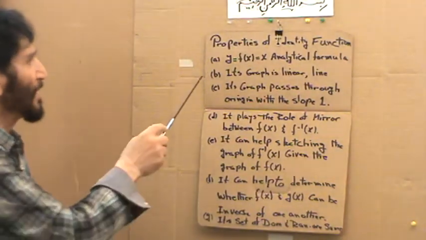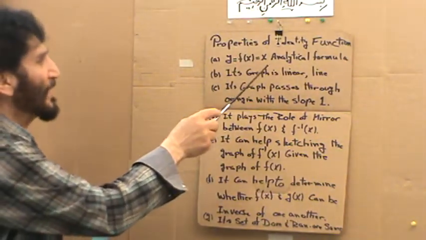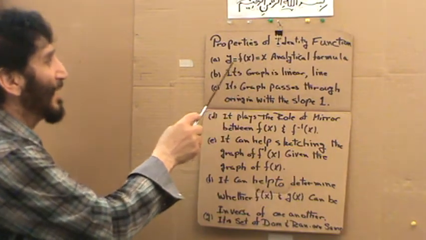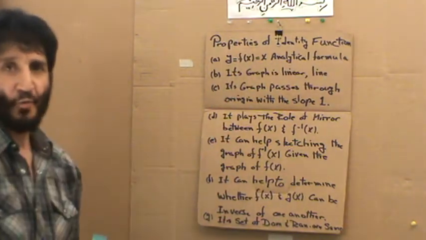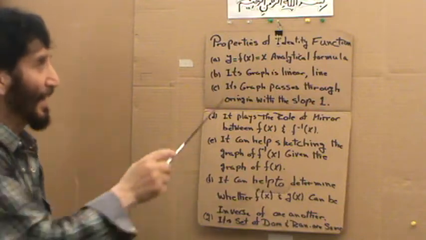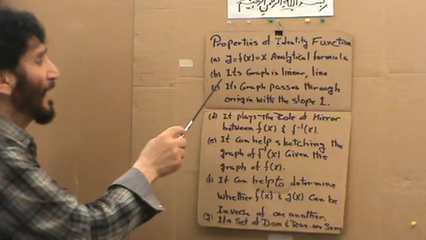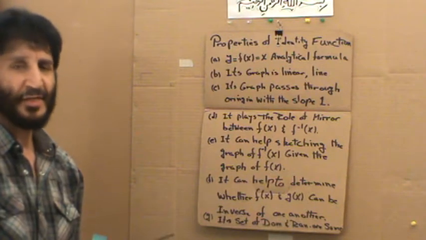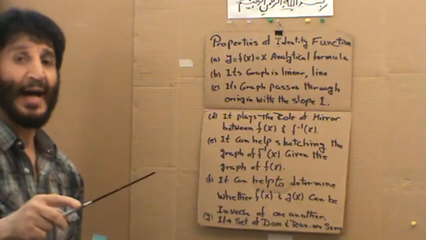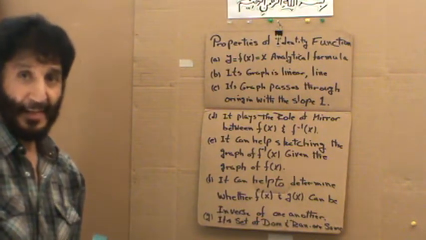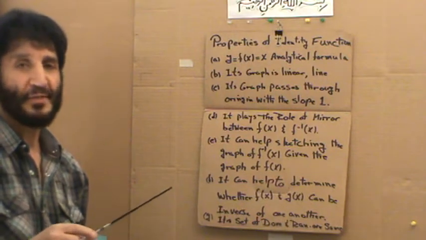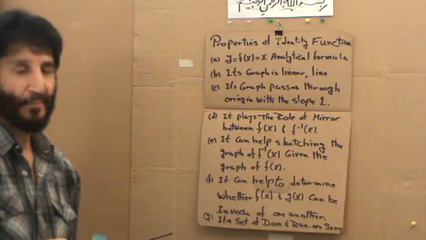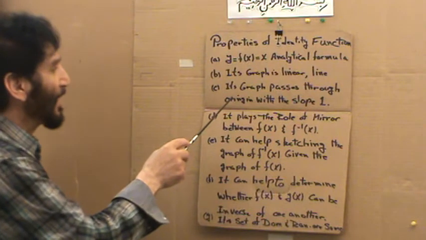Number one is that y equals f of x, this is an analytical formula for the identity function. Then its graph is always linear. The graph of the identity function is always linear. It passes through the origin, and the slope of that is always 1.